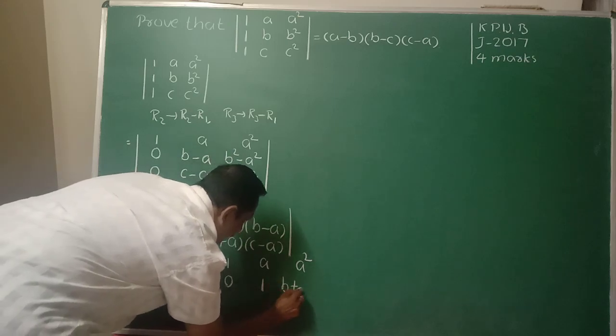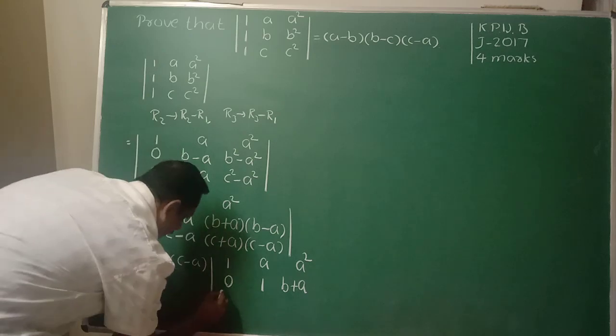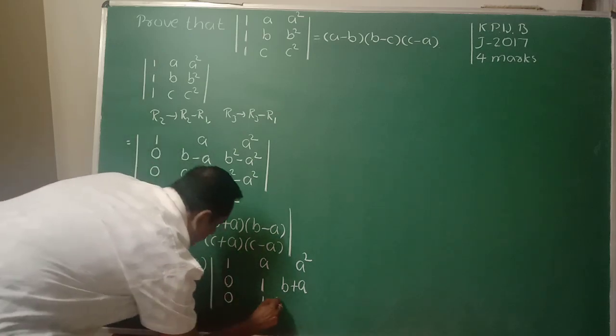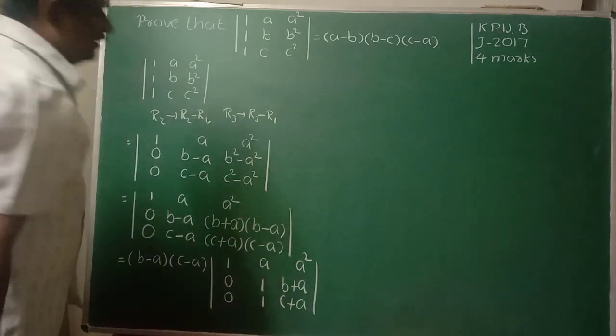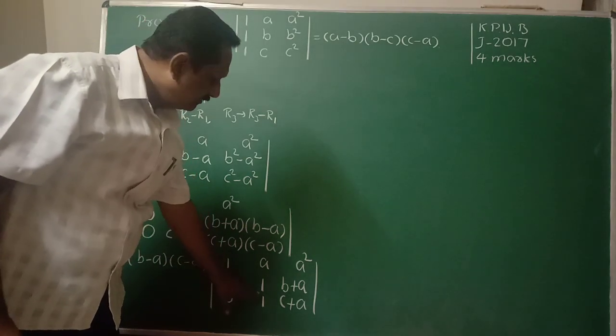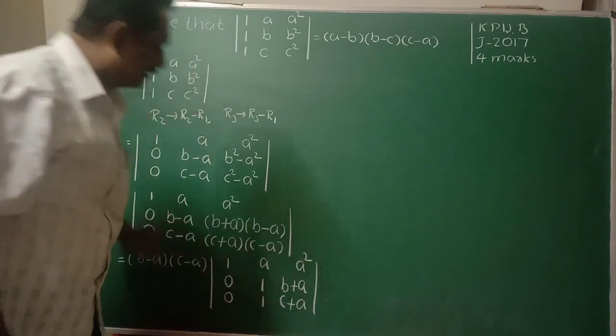Similarly here c minus a is common, therefore remaining 0, 1 and c plus a. Even you can make this term 0, again 1 minus 1 becomes 0.